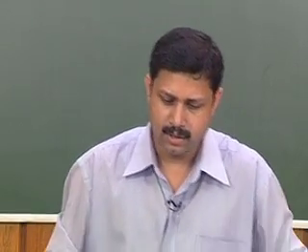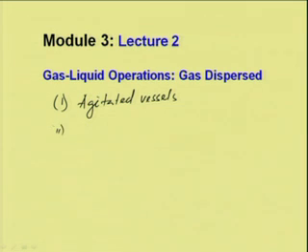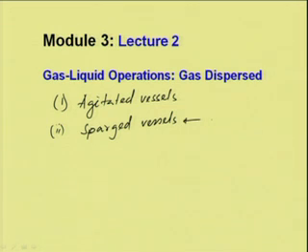We have discussed gas dispersed equipment in the previous lecture. Particularly, we discussed the agitated vessels, and we also discussed the sparged vessels, and we have seen how to design the sparged vessel.